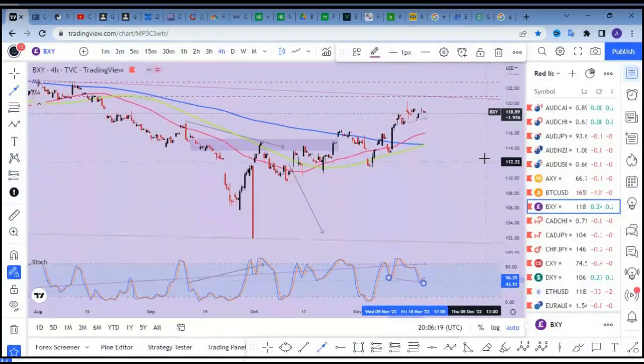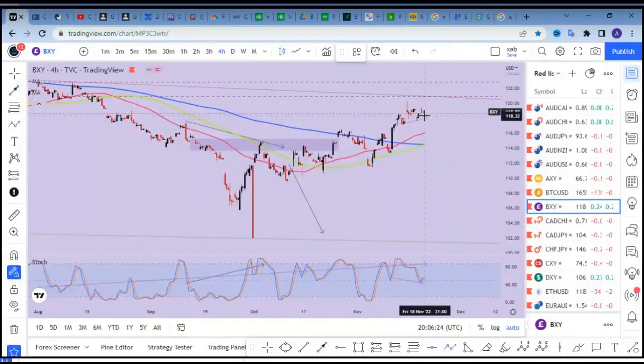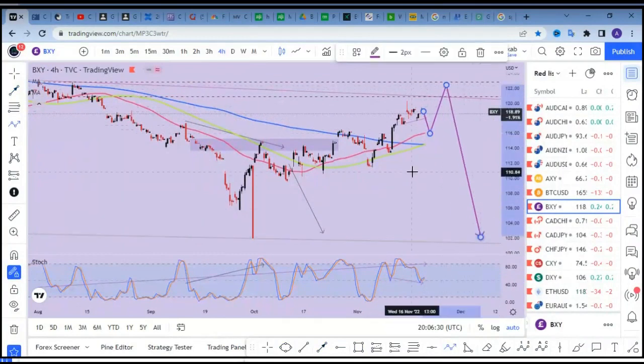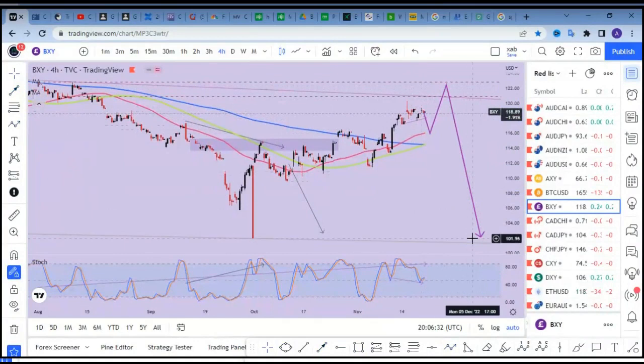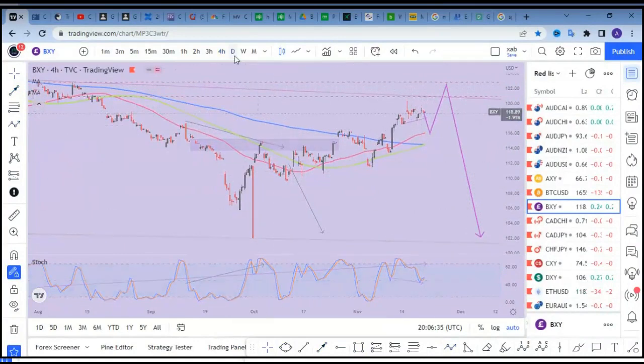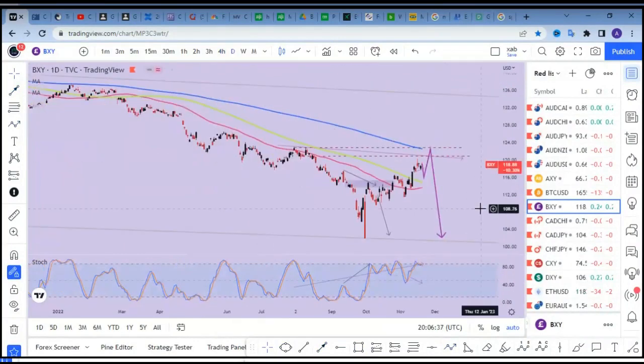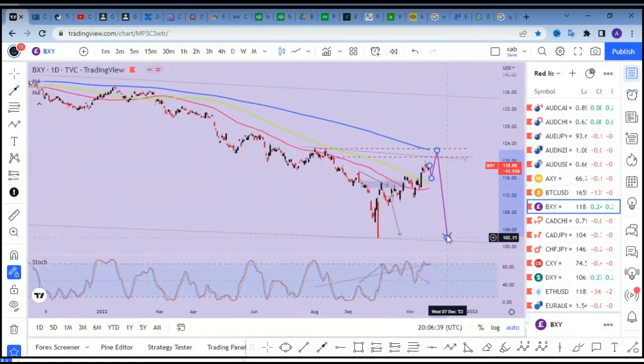All right, so it comes higher into this zone, maybe most likely does something like this. Comes higher into this zone, and then we get that drop. Okay, so that's my personal bias for GBP.